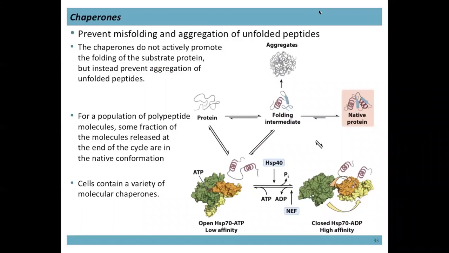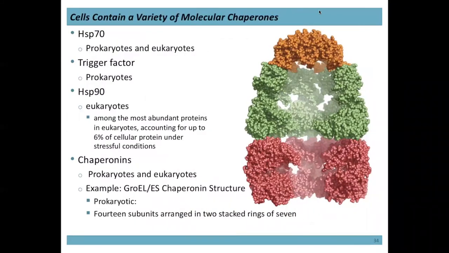For any polypeptide release, some fraction are going to be in their native conformation, and others are going to be misfolded or slightly misfolded. And so cells contain a variety of molecular chaperones. You can look at this little diagram; we'll see a diagram later, but there's a variety of chaperones.